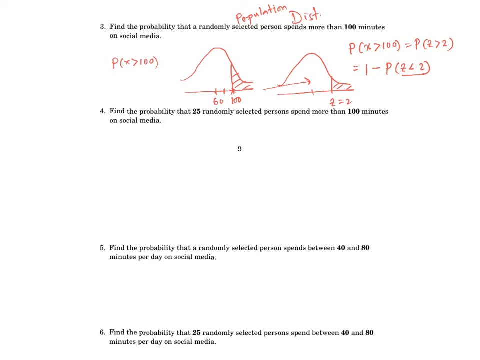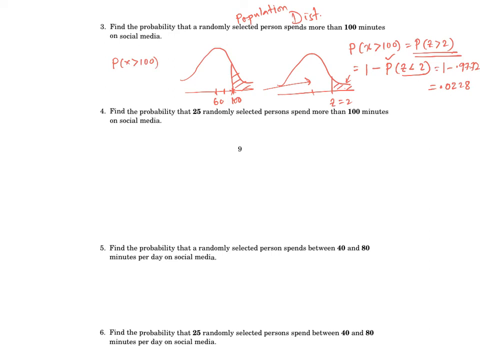We want the right, so we have to subtract from 1. That's going to give me 1 minus 0.9772, which gives you 0.0228.